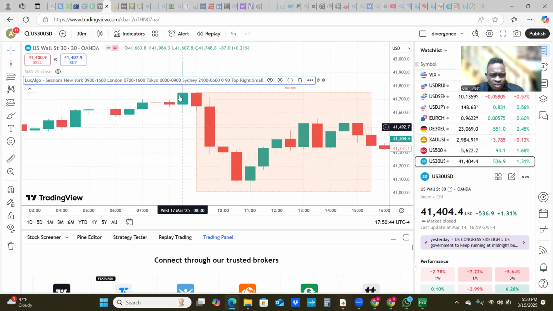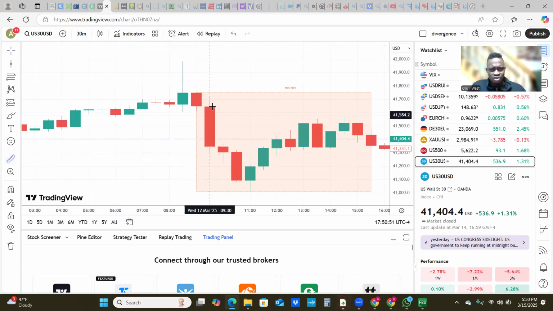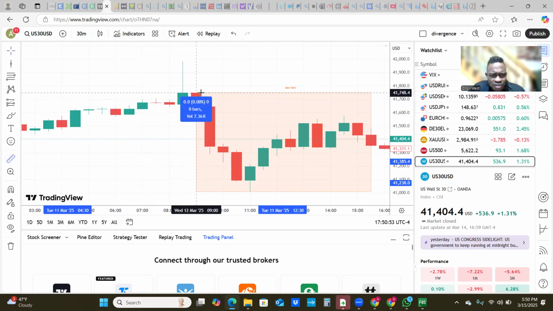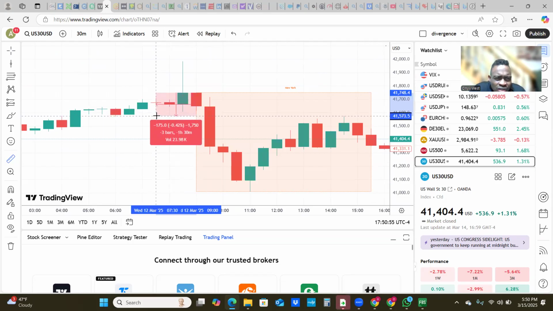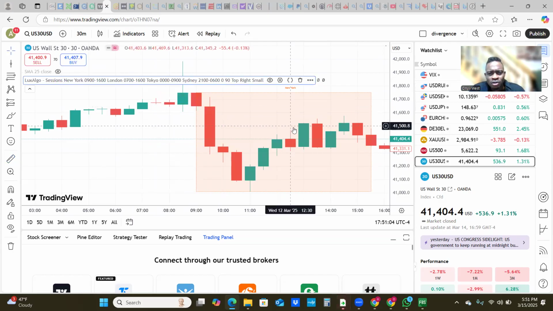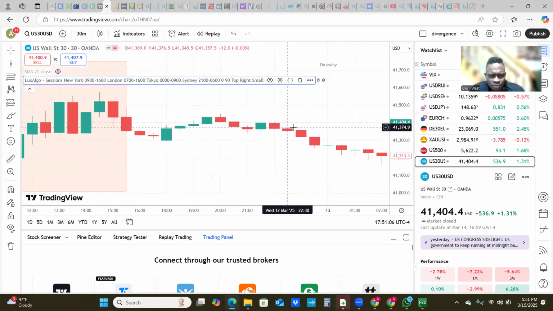This is it here, and it shows me that it's going this way. So we went here for that sell, and we got that 150. We got that 150 pip. All right. So we're done for that day.